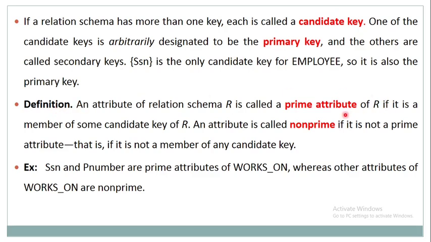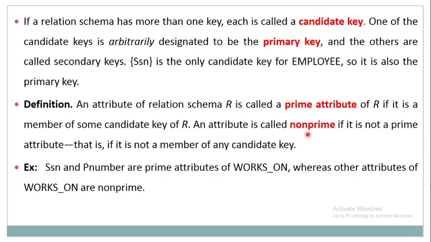Now, let us understand prime attributes. An attribute of a relation schema R is called a prime attribute of R if it is a member of some candidate key of R. If it is a member of a candidate key, then it is called a prime attribute. In the student table example, the USN number, Aadhaar number, PAN number, or voter ID number are candidate keys, and I can also consider them prime attributes.